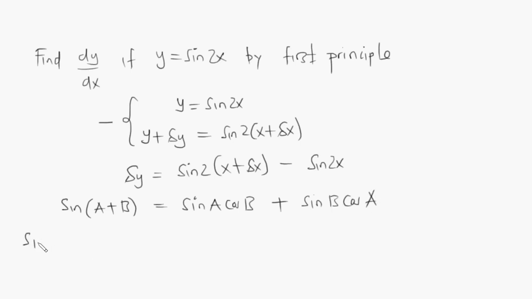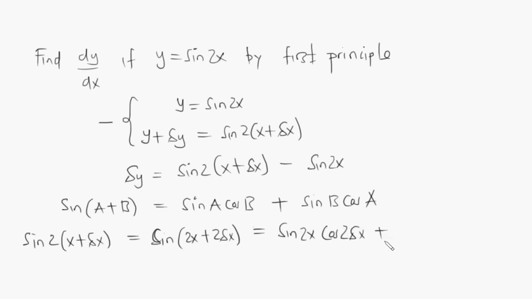So this guy here, sine of 2x plus delta x, which is equal to sine of 2x plus 2 delta x, is the same as sine of 2x cos of 2 delta x plus sine of 2 delta x cos of 2x.